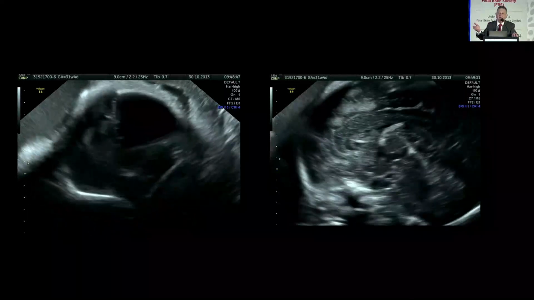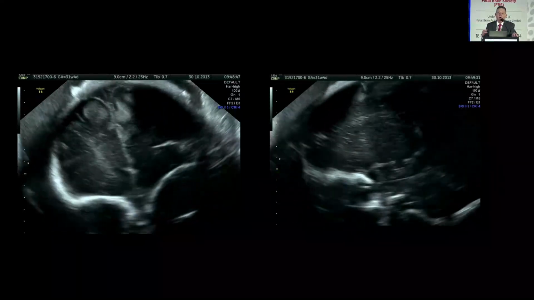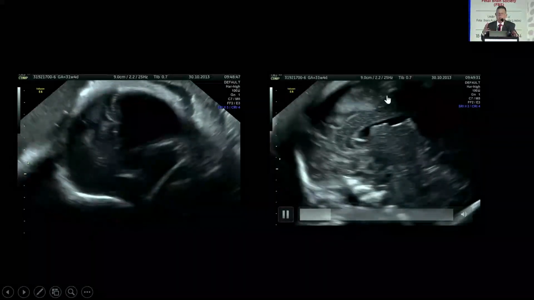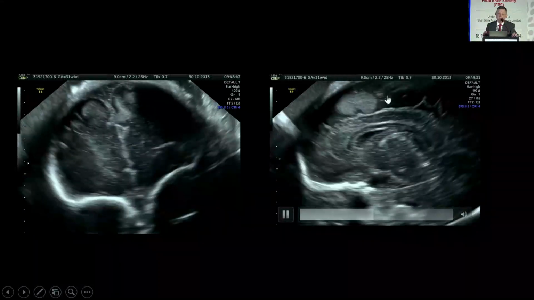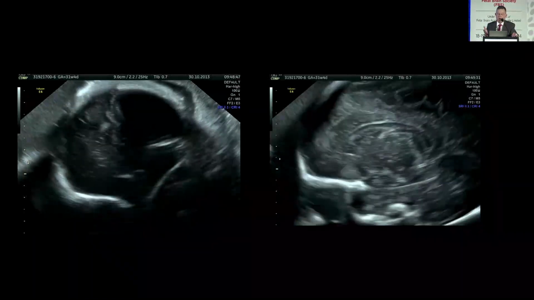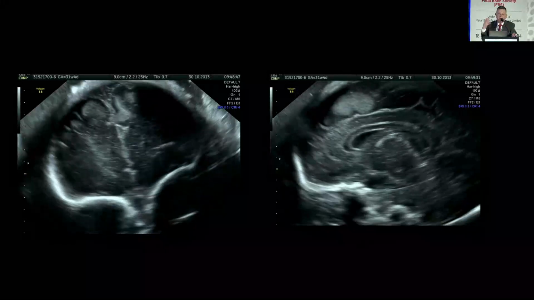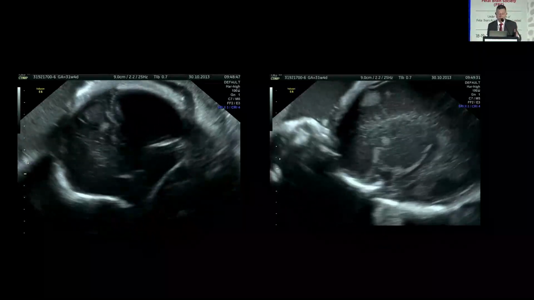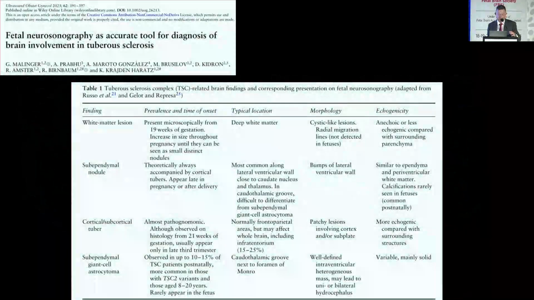So she referred the patient for MRI, and the MRI was wrongly interpreted as normal, though there were so many lesions. Only when we reviewed the images was it possible to see. So again, it's not the MRI, it's the person that makes the interpretation of the examination. But for us, it was very clear, a very florid case.